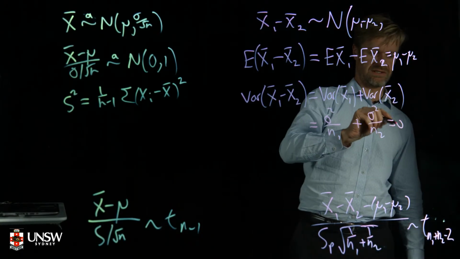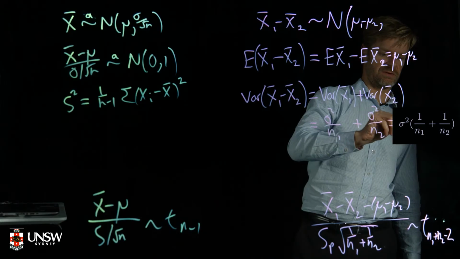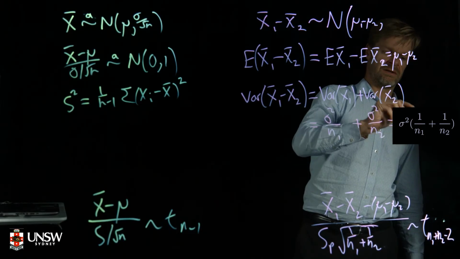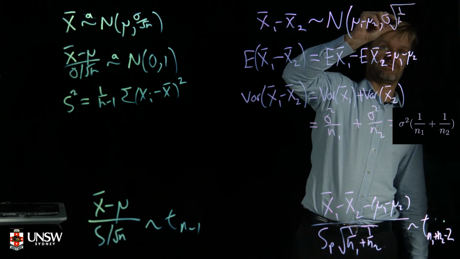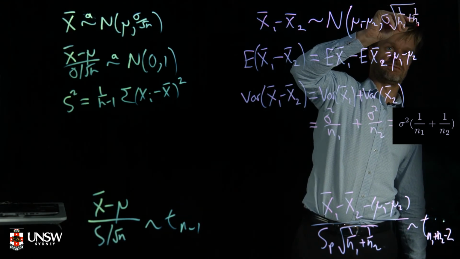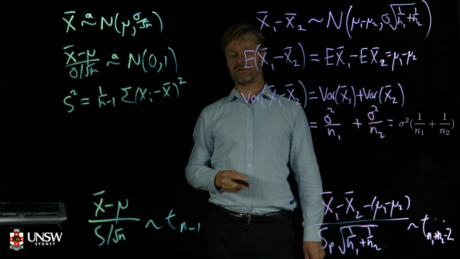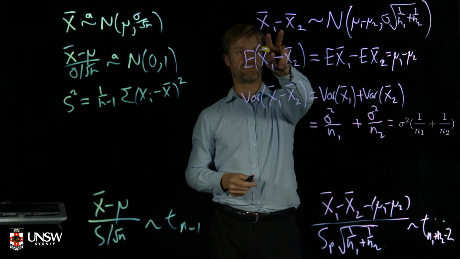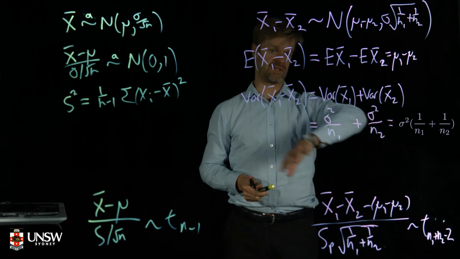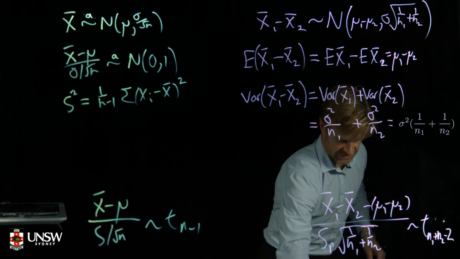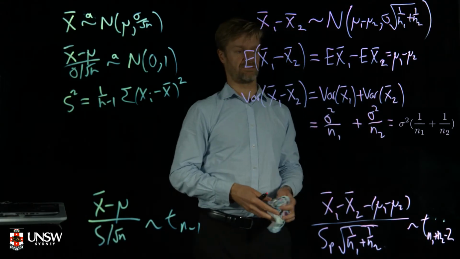We could rewrite that as sigma squared times 1 on n1 plus 1 on n2. Okay, so there we go. This is the distribution of a sample mean difference. And this is the argument we made to get that result based on just standard results for random variables.